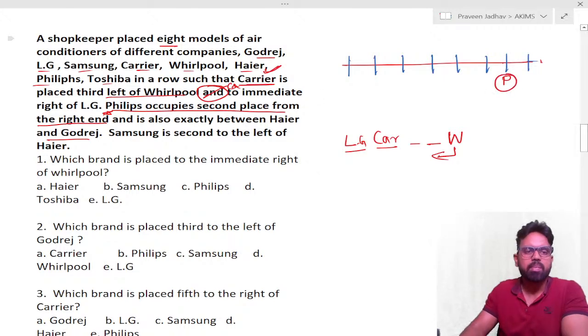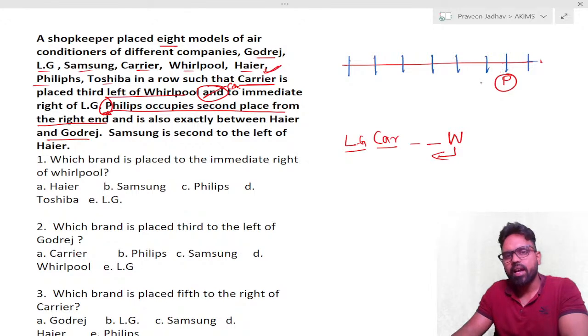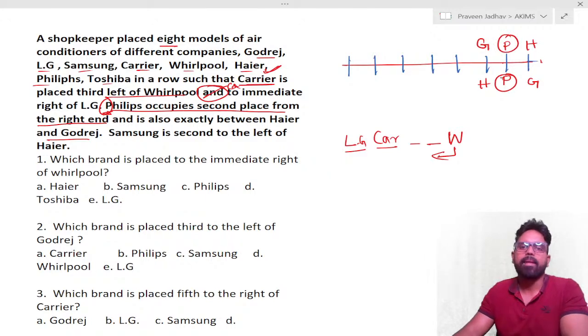Philips. Done. And is exactly in between Harrier and Godrej. If Harrier comes here, Godrej will come here. Or if Godrej comes here, Harrier will come here. Philips for sure will be here only. Anybody any doubt with this?